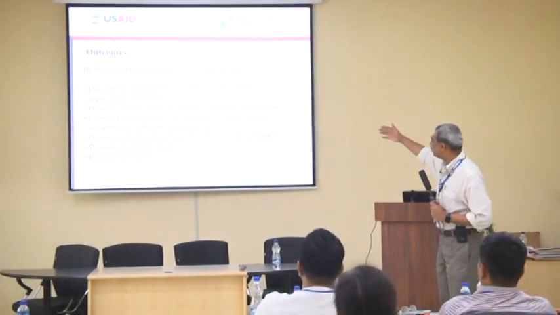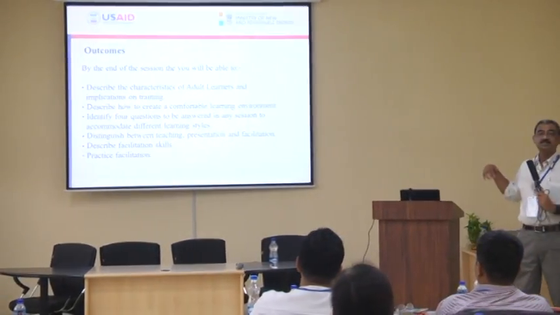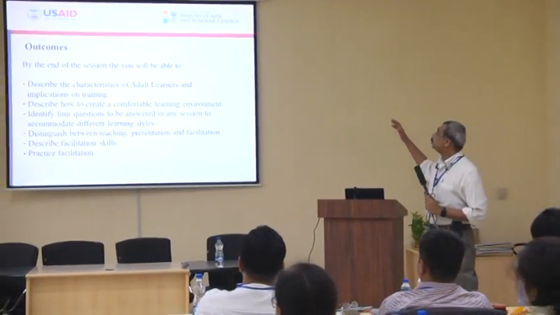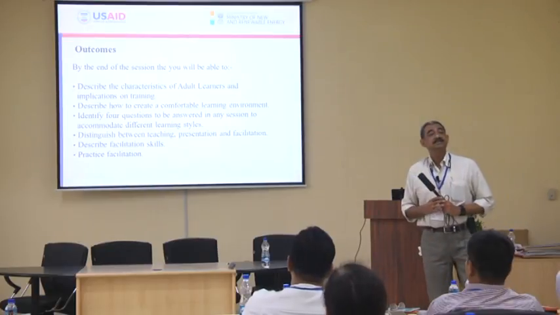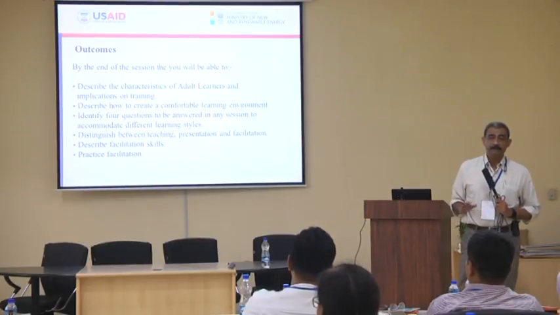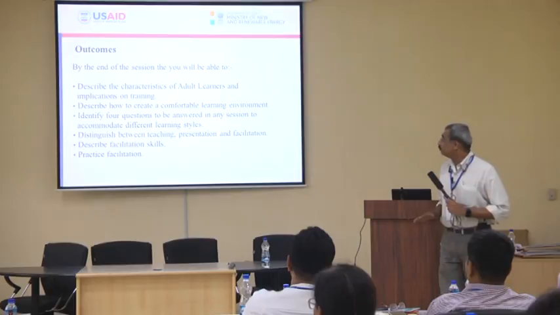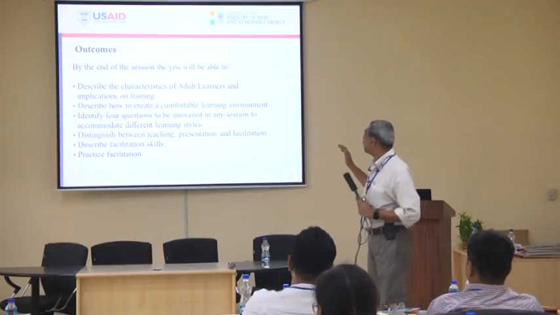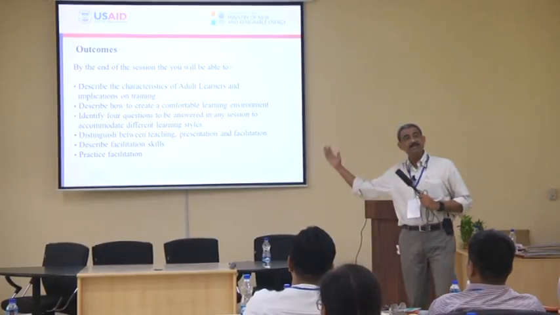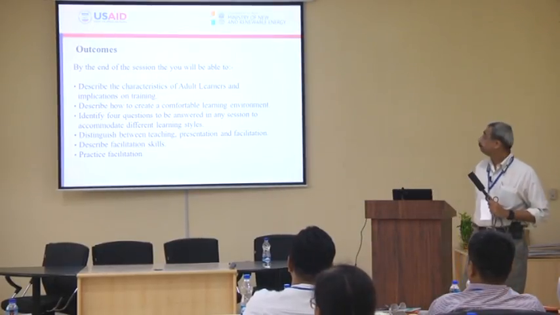By the end of those 3 sessions of mine, you will be able to describe the characteristics of adult learners and their implications on training. You will be able to describe how to create a comfortable learning environment. What it means, we'll come to when I cover it.